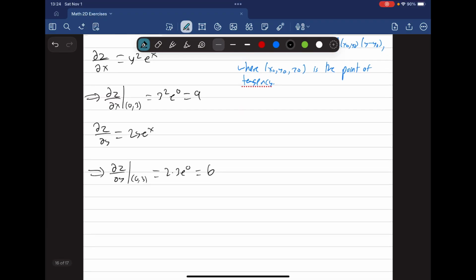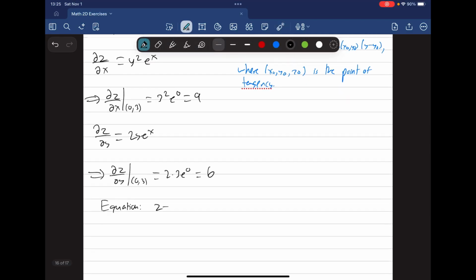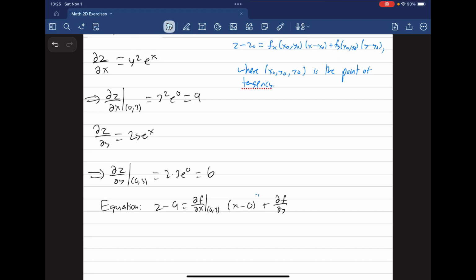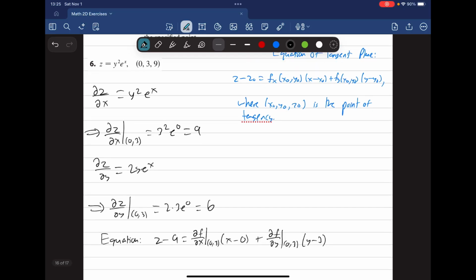And so, putting everything together, the equation of our tangent plane will be z minus 9, since the z coordinate is 9, equals partial f with respect to x evaluated at 0, 3, times x minus the x coordinate 0, plus the partial derivative with respect to y at the point 0, 3, times y minus 3, because our y coordinate is 3.